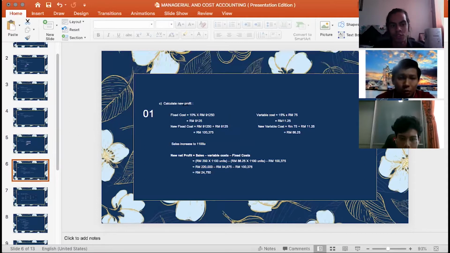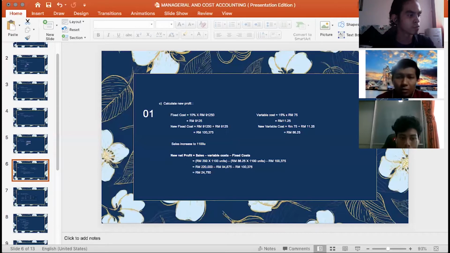So for the new profit, the fixed cost has a 10% increase, which is 10% times 91,250 ringgit, so we get 9,125. So the new fixed cost is 91,250 plus 9,125 equals 100,375.